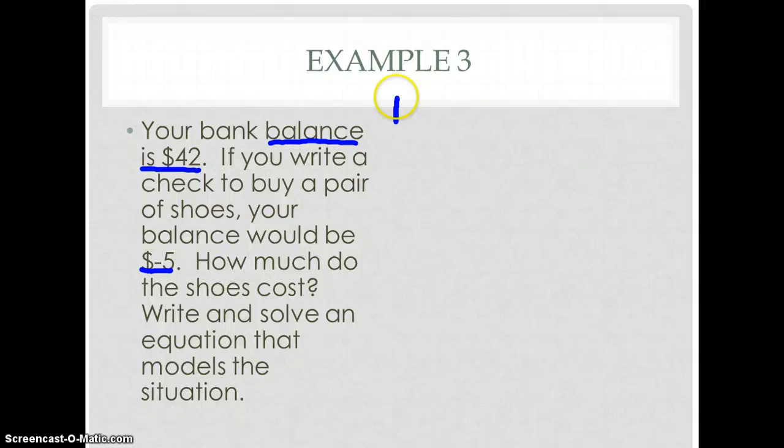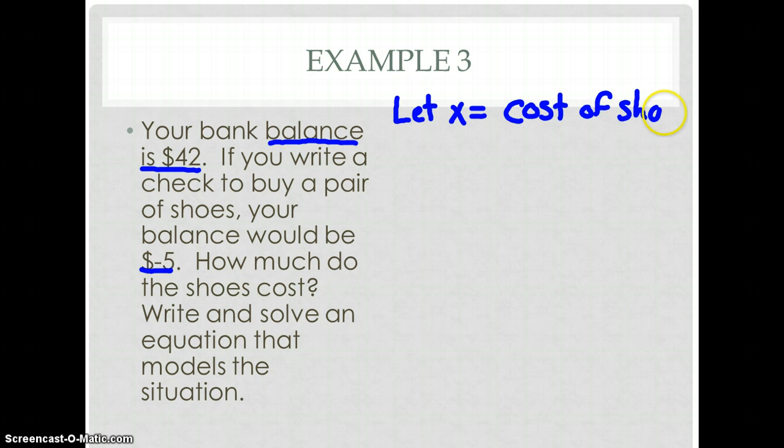So I let x equal the cost of shoes. Okay? Because that is right here. How much do the shoes cost? All right? So now, if we start with $42, I start with 42.